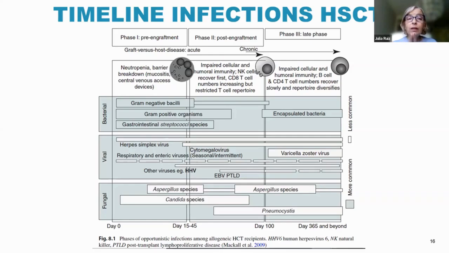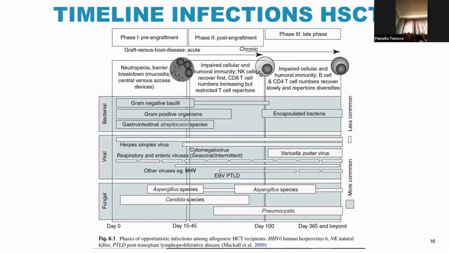Among these, in phase 1, the pre-engraftment, we are going to find neutropenia. We have barrier breakdown because of the mucositis, or because we also have, for example, the central line inserted in the patient because he is having his transplant. He is in the surroundings of the process of the transplant in the ward. So what is more probable in this phase is a bacterial infection produced by gram-negatives or gram-positives, or also the endogenous gastrointestinal flora.